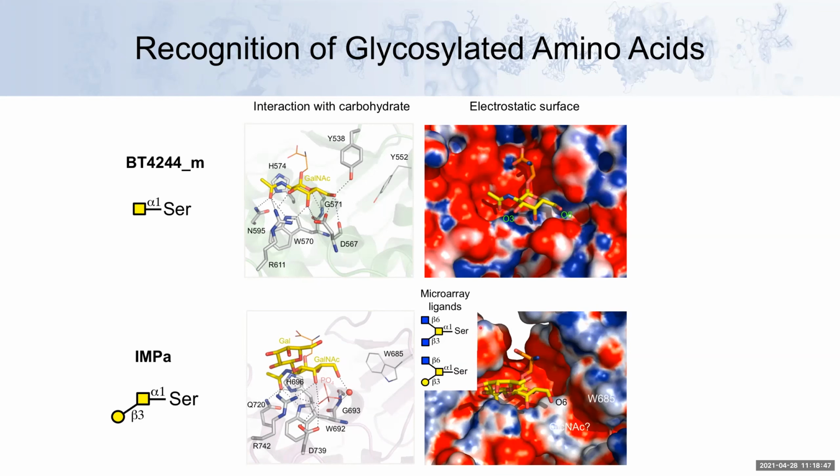IMPA, however, we knew from microarray studies that it interacted with these branched ligands and was also active on the alpha-2,6 sialylated versions of these. So there's this additional potential set of interactions out here with W685 that we weren't seeing in the crystal structures that we had.